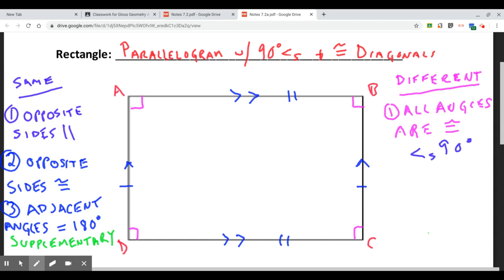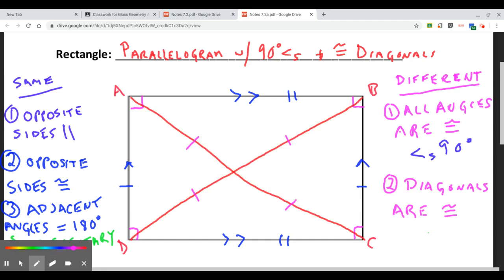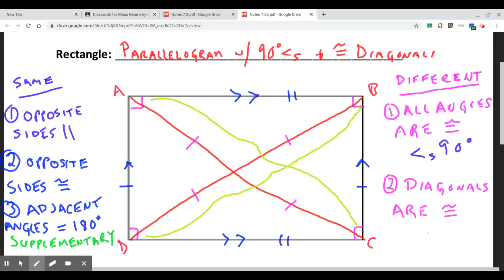Now let's look at the other factor. The final difference is that with a normal parallelogram, diagonals bisect each other, creating two separate congruent segments. However, with a rectangle, the entire diagonal is congruent to the other entire diagonal.